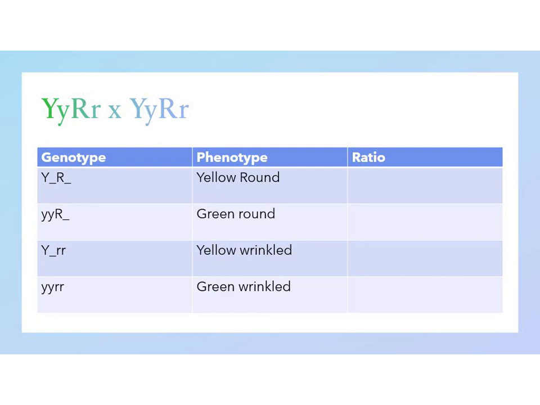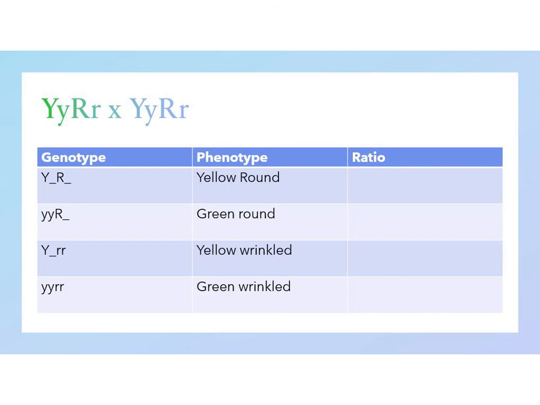So now to figure out the ratio, we need to look at the genotypes that we wrote down in the Punnett square on the previous slide. I'm going to go back to the first one, the yellow round, and count how many genotypes have at least one capital Y, either a capital or a lowercase y, and then at least one capital R and either a capital R or a lowercase r second.